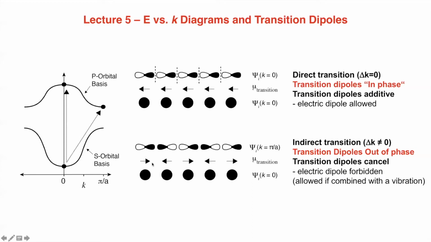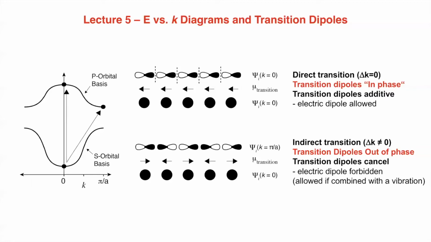But the point is the same, I guess, in the end. The transition dipole moments change with the parity of the orbital, with the symmetry of the orbital here in this pi over a function. And because they cancel one another, there is no net transition dipole moment. And as a result, this thing is not allowed. It's electric dipole forbidden.